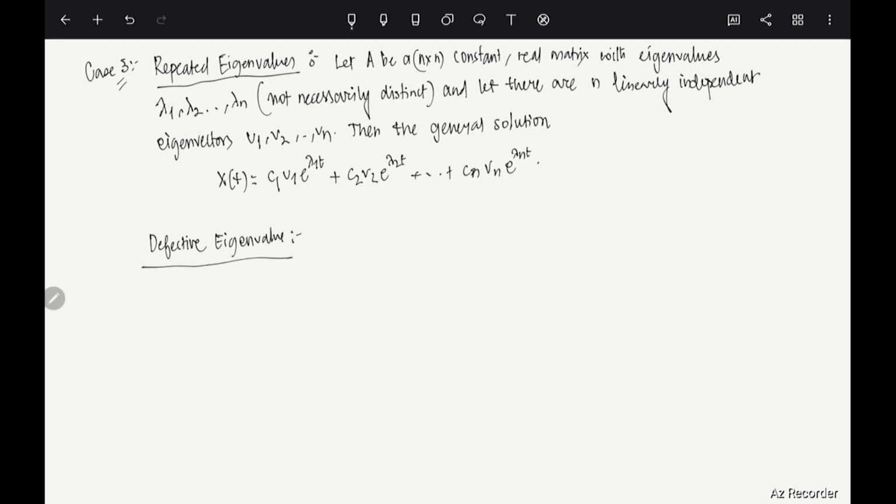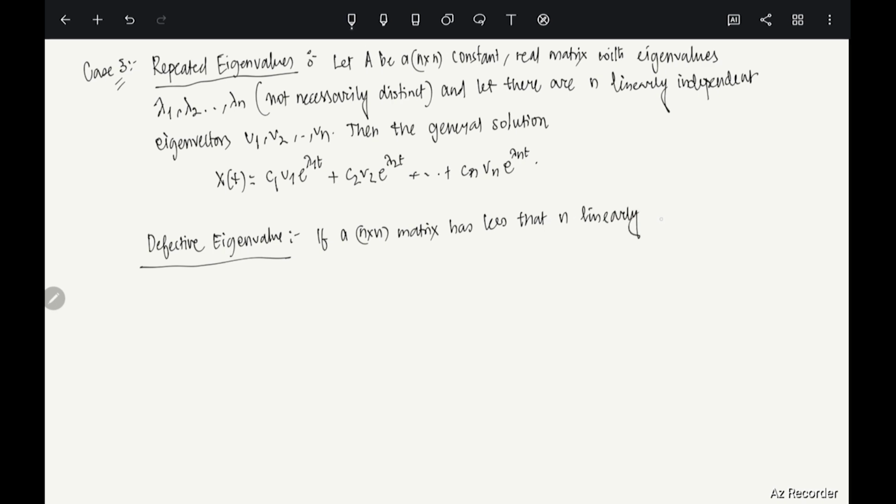Let's say that an n cross n matrix has less than n linearly independent eigenvectors.